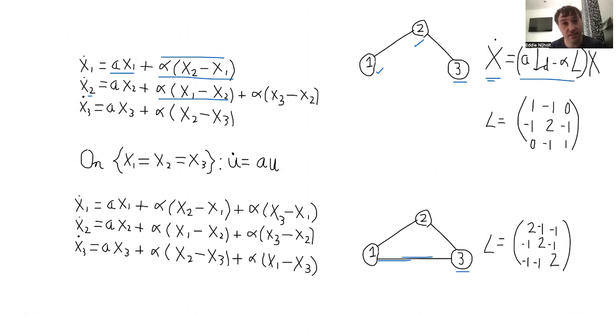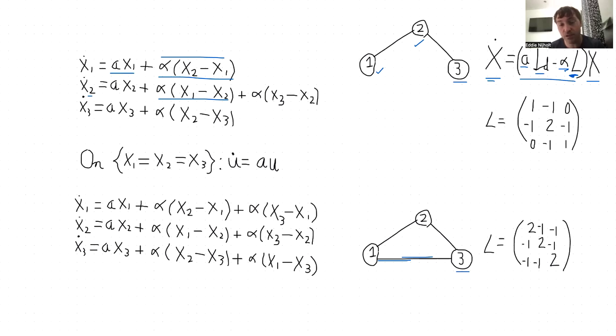Like I said, these are still linear systems. This A is the same A as in the equations, and the alpha, the coupling strength, is the same. The identity is just the 3 by 3 identity matrix. And this L is the important bit. This L captures the interaction structure; it gives us the structure of the network.